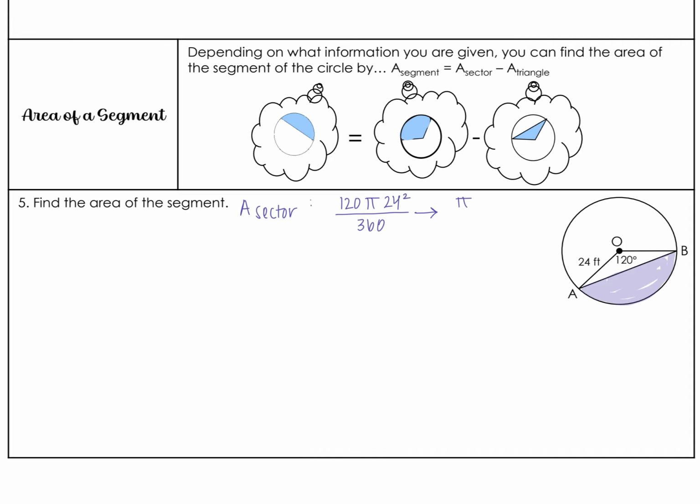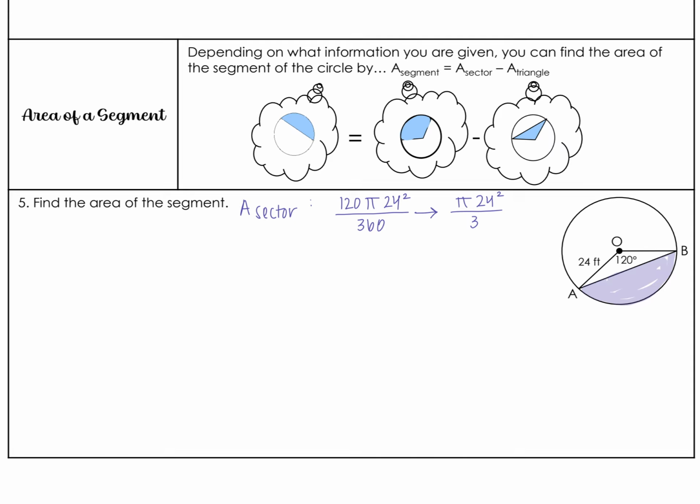So I'll have pi 24 squared over 3. Now, what I want to say here is I would not leave this as 24 squared, because for some of you, you're going to see that 24 and 3, and you're going to say 24 divided by 3 is going to give you 8 squared. But that's not the case.